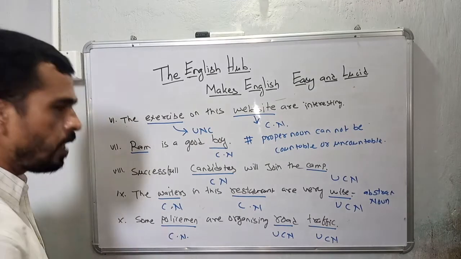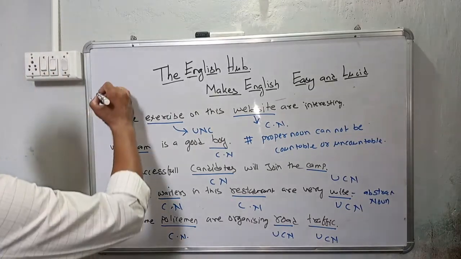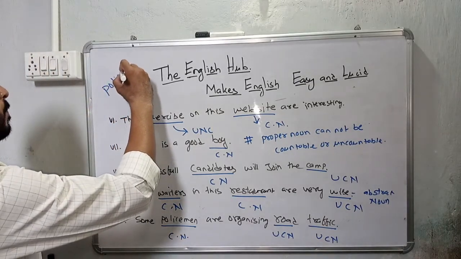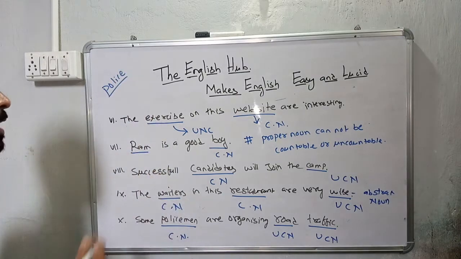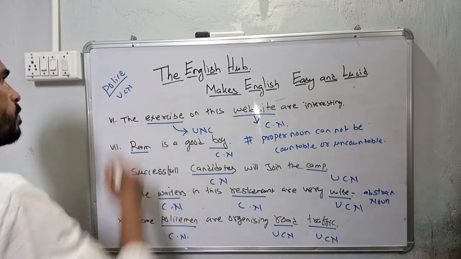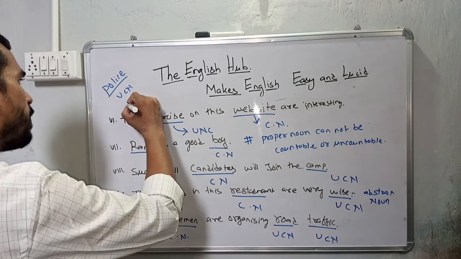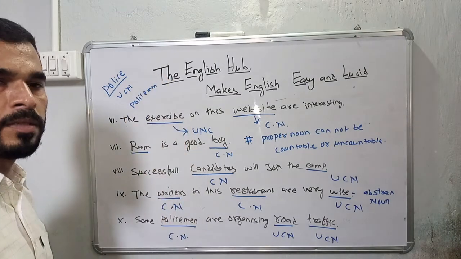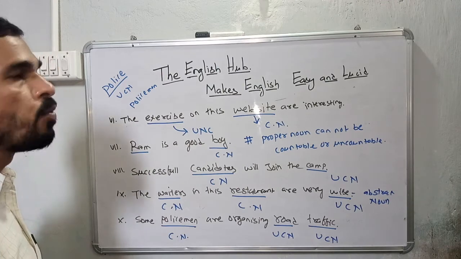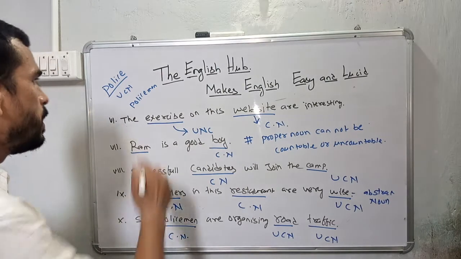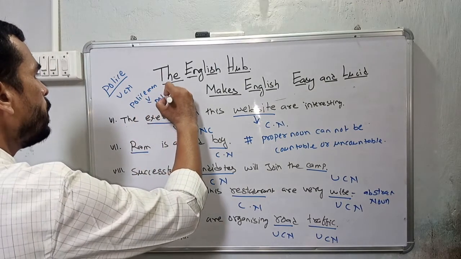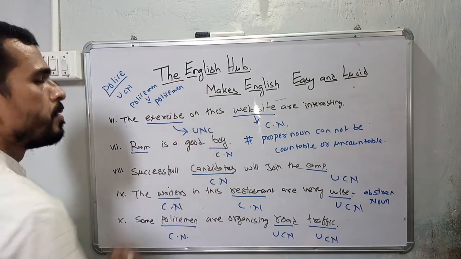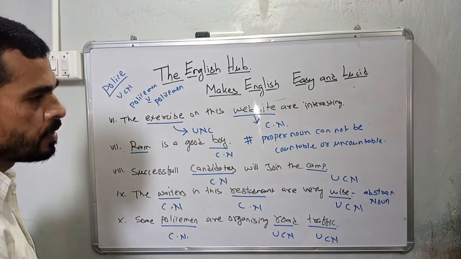Okay, but one thing I want to say to you: if I use only police, it is uncountable. But if I am writing policeman, then it is countable. And its plural would be policemen. So you have to remember these things.